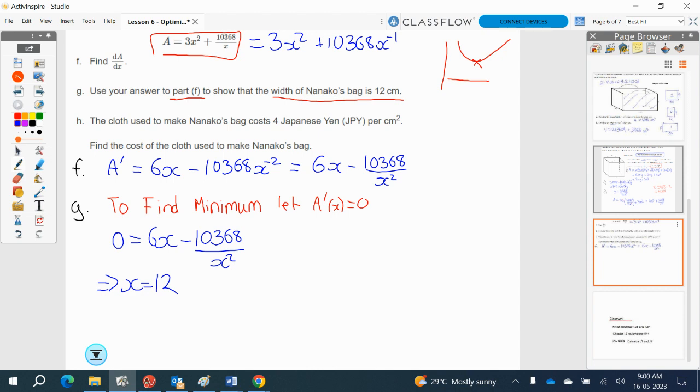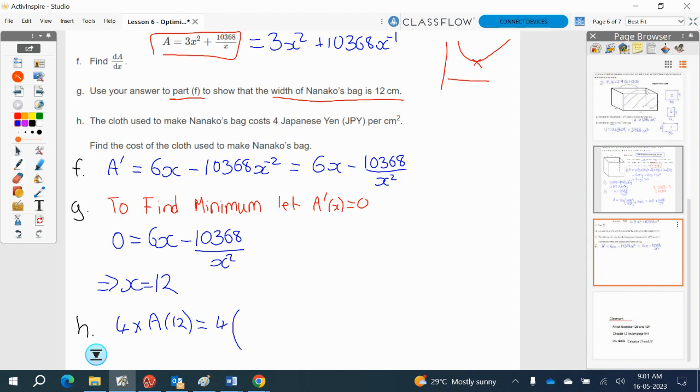So in H, we need to type in 4 times A of 12. This is where you have to realize that you put the 12 not into the derivative, but into the original function, and then times the whole thing by 4.